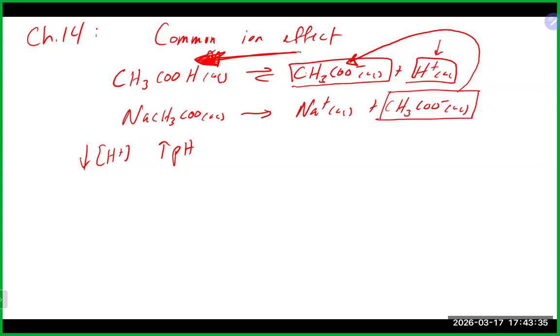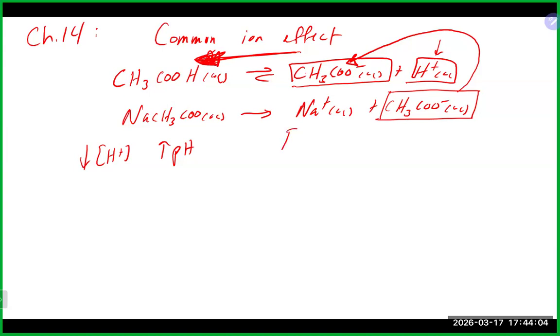I think we did one that was like 2.7-ish for the acetic acid, and with the presence of the common ion, the sodium acetate, we end up with a pH of like 4.9. That is a direct result of Le Chatelier's principle, where it's forcing the weak acid to stay together.